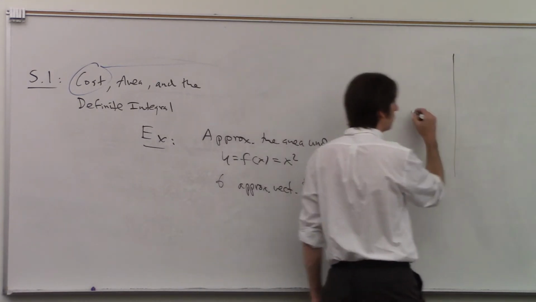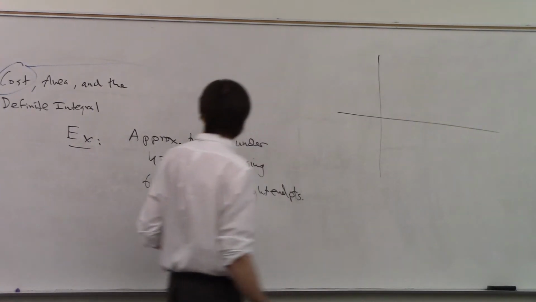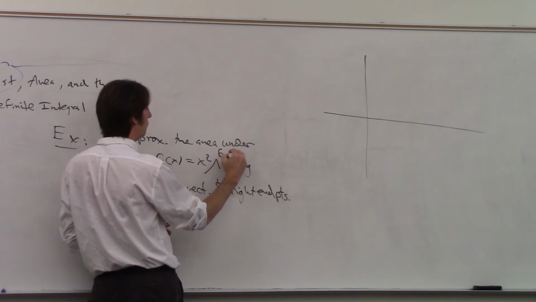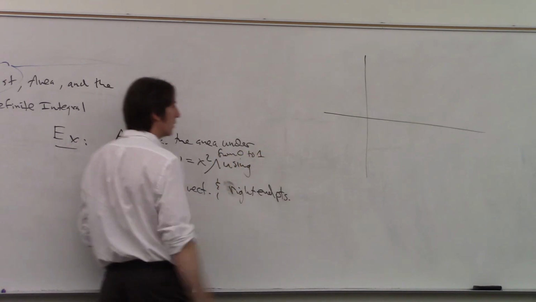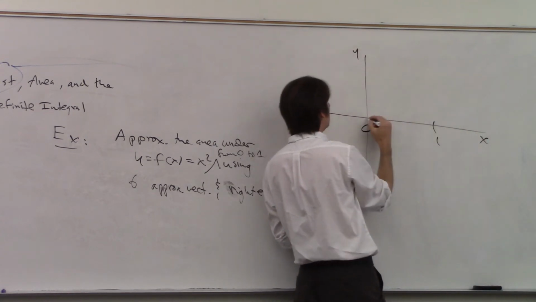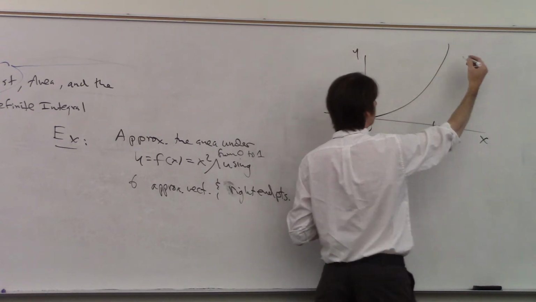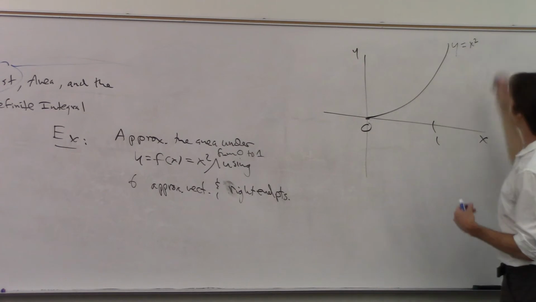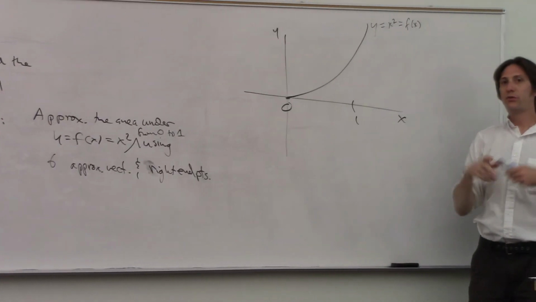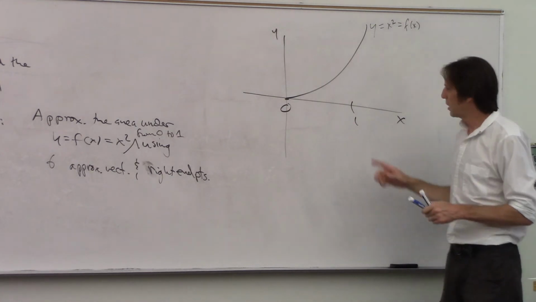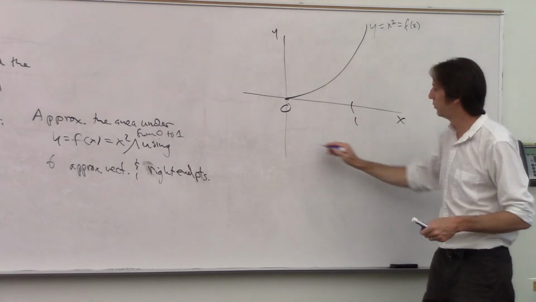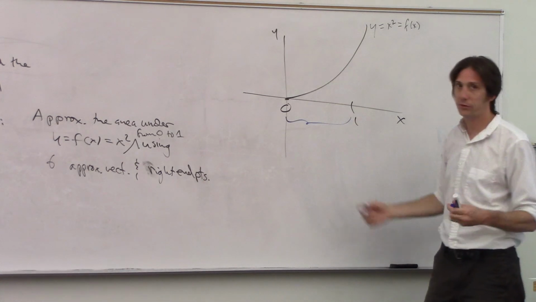All right, so that we have something to look at: approximate the area under y equals x squared from 0 to 1. Here's 0, here's x equals 1. Here's a graph of the function, y equals x squared. That's also f of x. And now I want to use 6 rectangles. So that means I'm dividing up my interval 0 to 1 into 6 pieces.